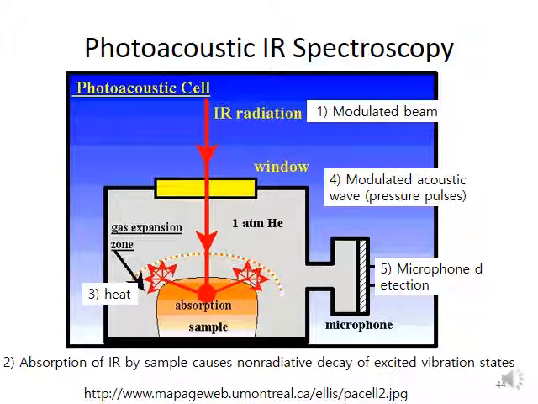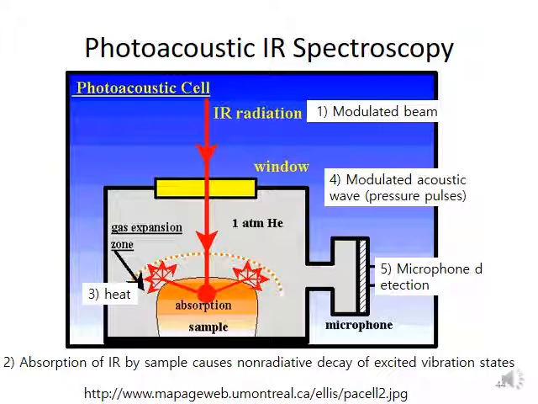Basically the pressure is about 1 atmosphere, and here you can see that when the sample absorbs the infrared energy, there will be what we call a gas expansion zone. Here you can see that the heat is being trapped, and then the signal will not be directly detected at a very high percentage.